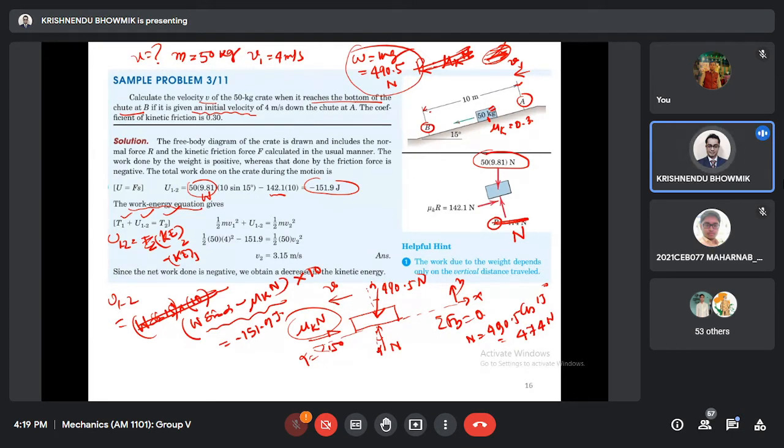Basically, it is also a good idea that the final position kinetic energy, KE2, will be kinetic energy 1 plus work done. See, this work done is negative because this value is negative. That's why here kinetic energy will be less.